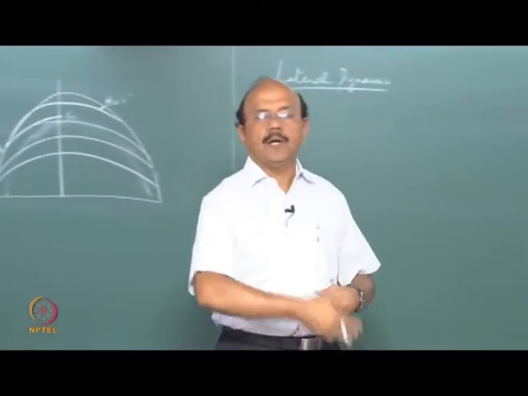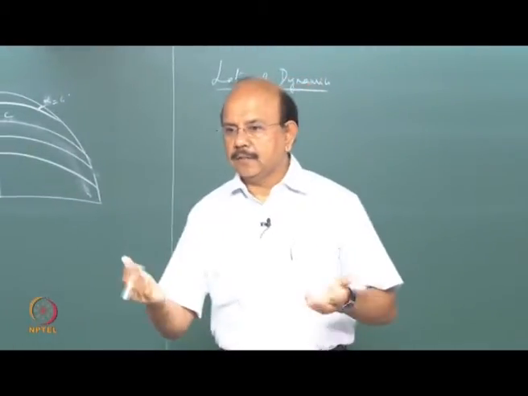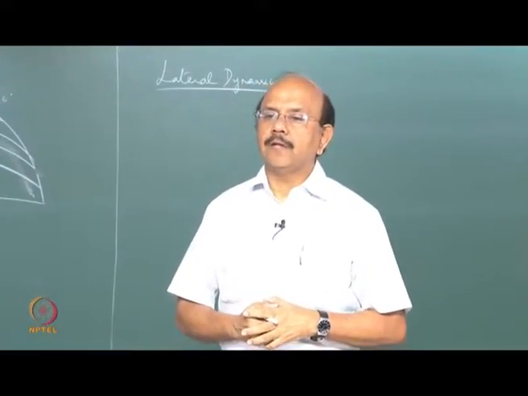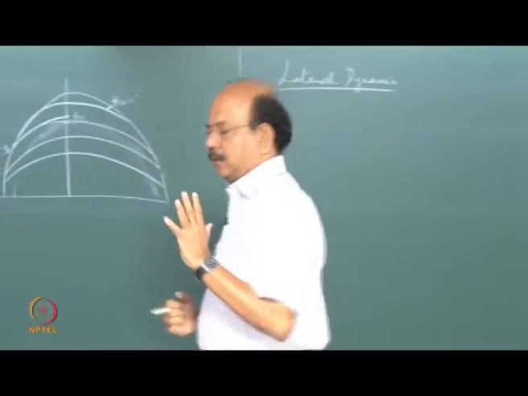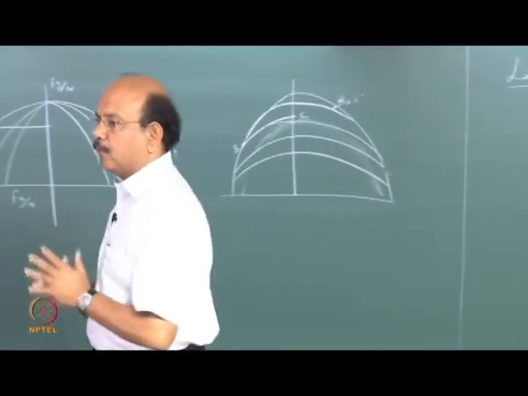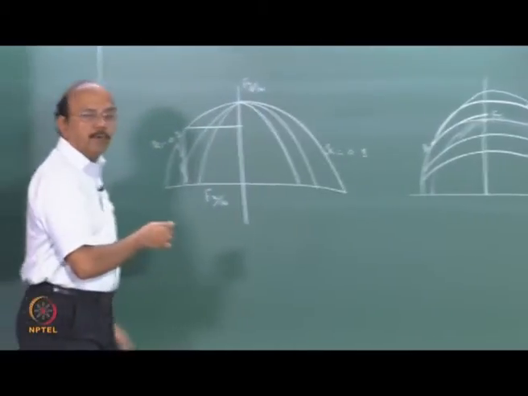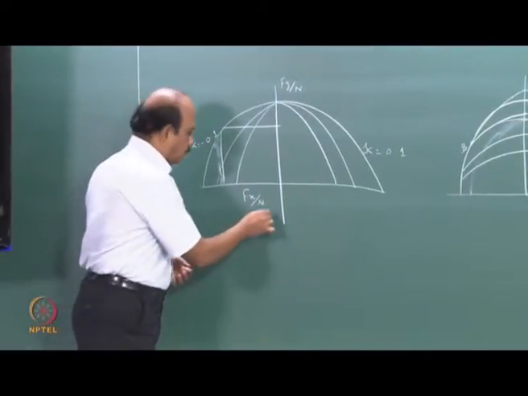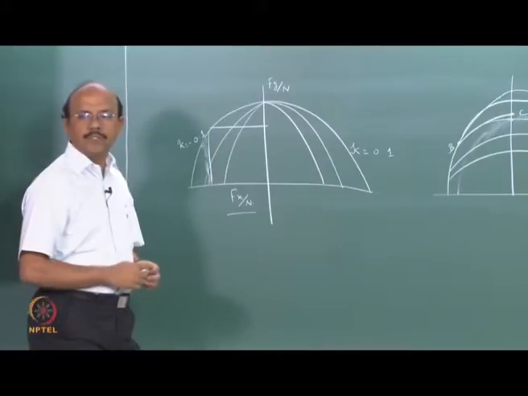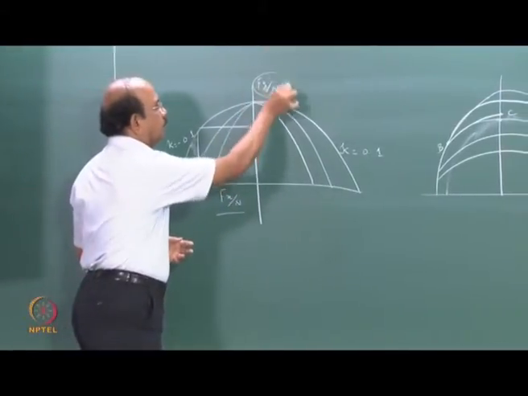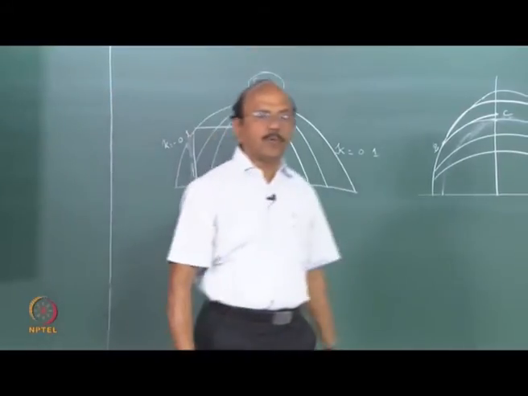We said that suppose a motorcycle is taking a turn. You're taking a turn in a motorcycle, and you are applying a brake. When you apply the brake, actually, what are you doing? You require longitudinal forces for braking, as well as, due to cornering, you also require a lateral force.